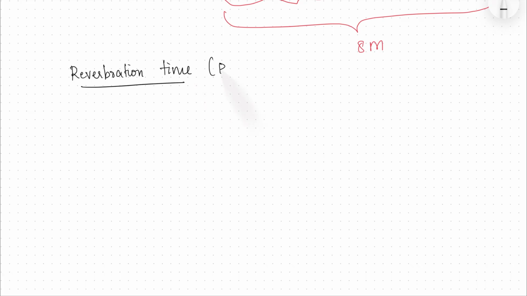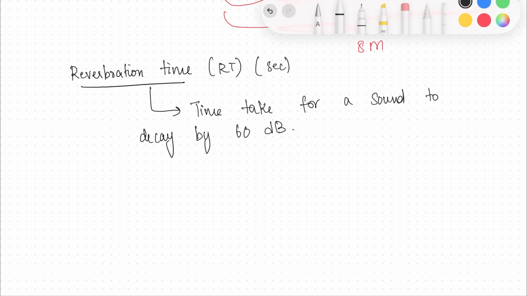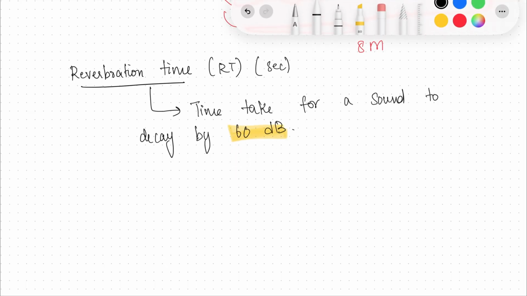Reverberation time, also denoted as RT, is measured in seconds. Reverberation time is the time taken for a sound to decay by 60 decibel. This 60 decibel is important. What does this mean?